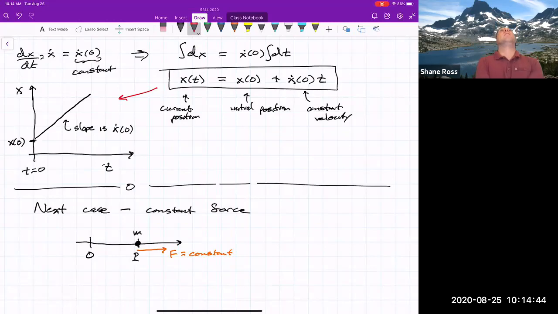So what might lead to a constant force? Gravity. So if the x direction here is, imagine it sort of pointed downward. So we've got a constant force going in a certain direction.